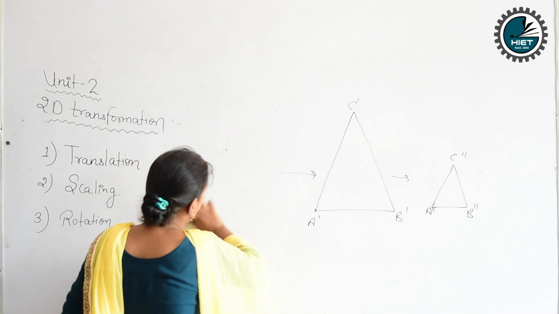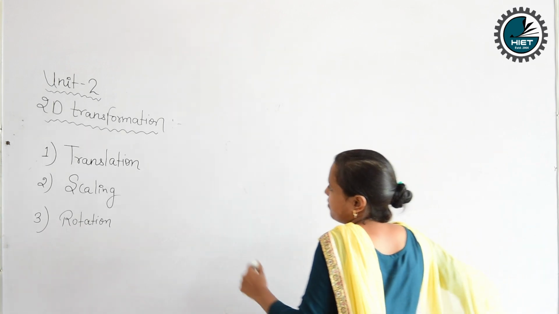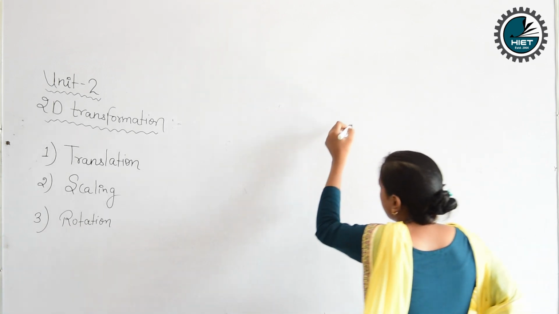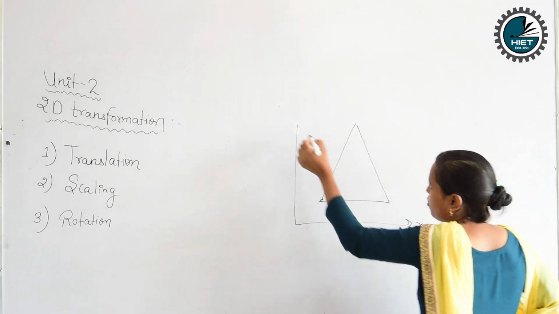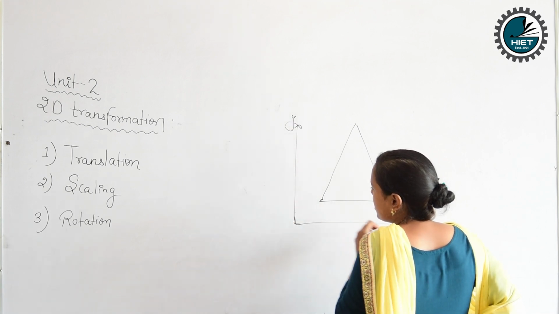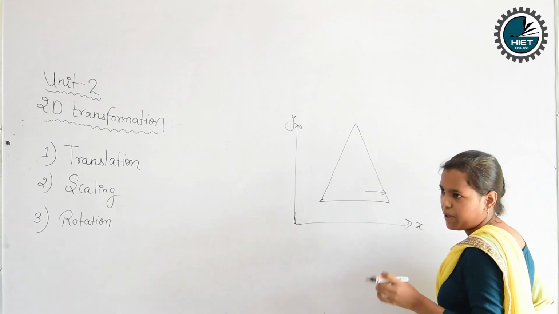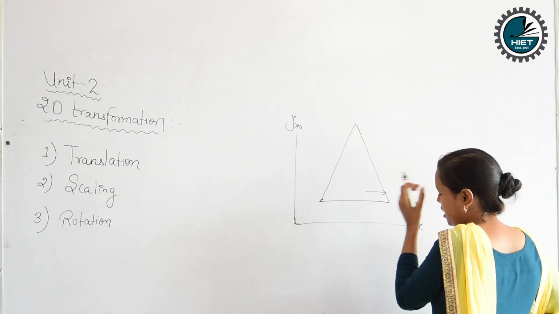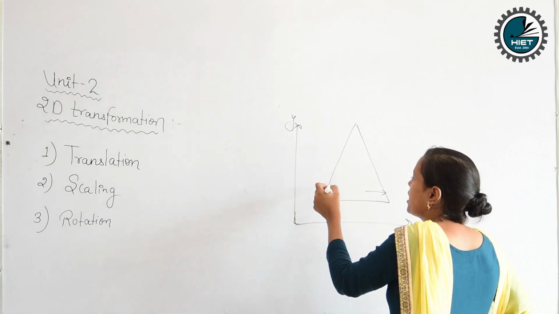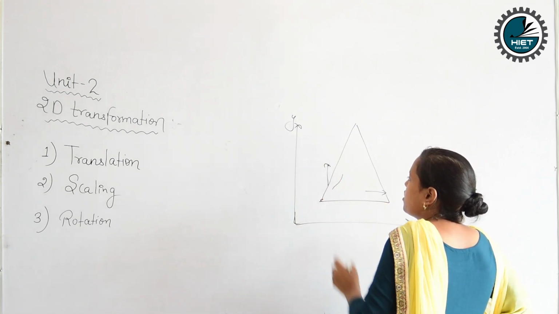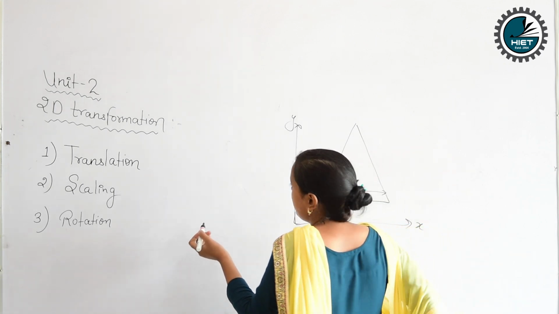How do we get the equation of scaling? Suppose this object in the 2D plane has coordinates x comma y. It increases along the x-axis by some percentage and along the y-axis by some percentage, so it is a multiple of the original coordinates.